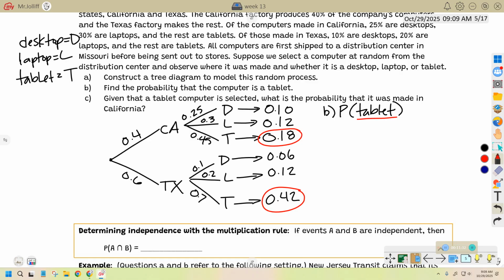So what is the probability that I get a tablet at random? 0.60, yeah. This should be 0.18 plus 0.42, which is 0.60. Good. Good.